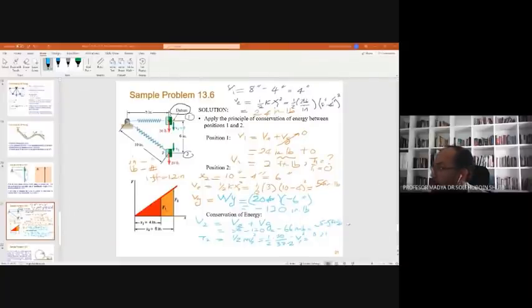But the value of V2 is still unknown, right? So V2 square. This is for position 2.